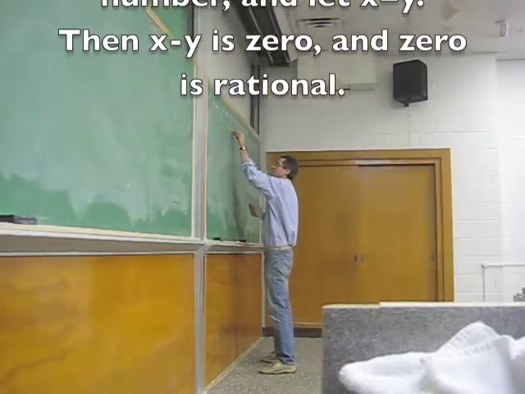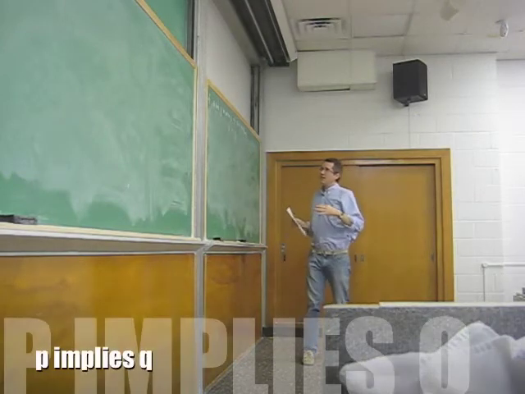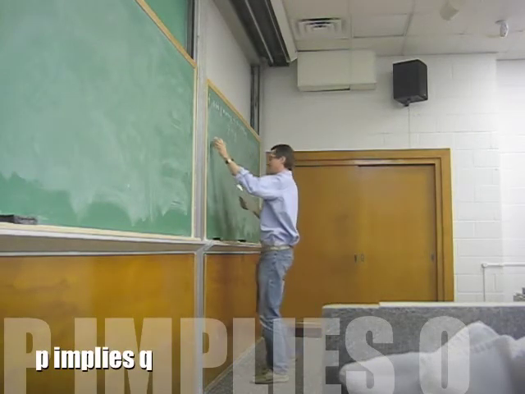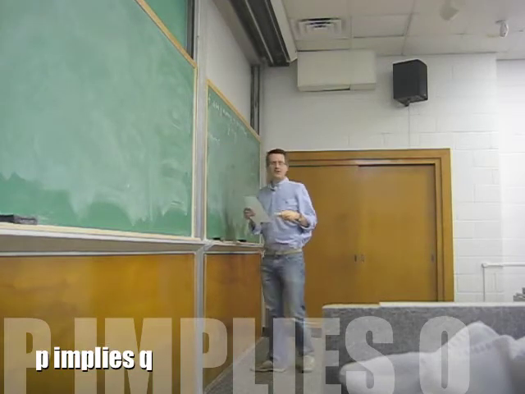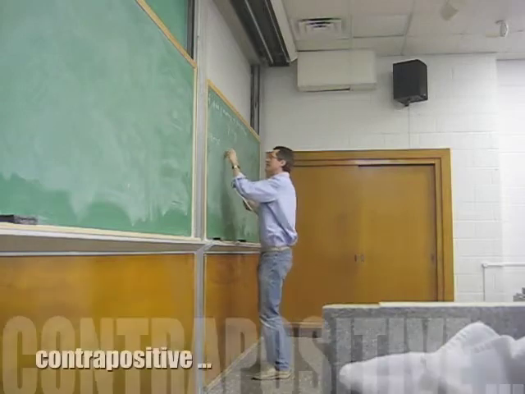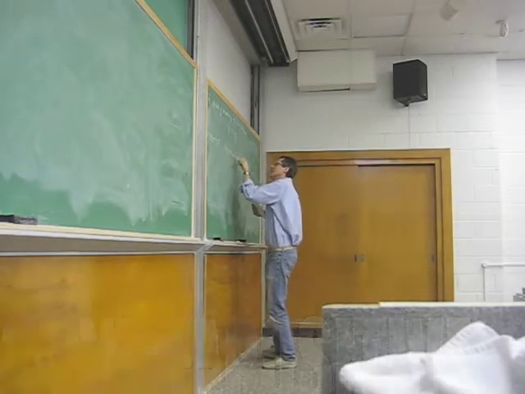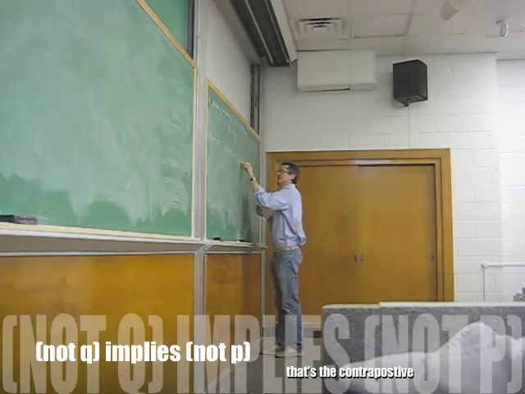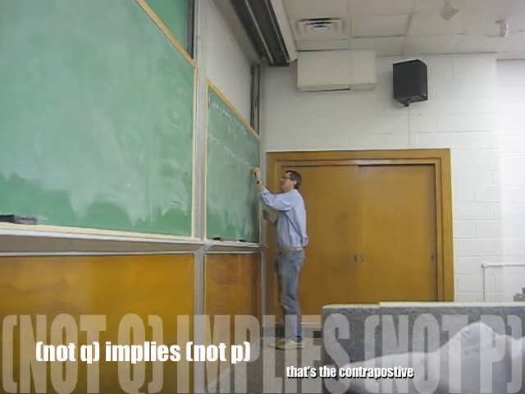Many of you tripped up on the following. So this is P implies Q. Well, the contrapositive, remember, is not Q implies not P. So let me write this out in full. Some of you started by writing this: x and y rational implies the negation of x and y irrational.